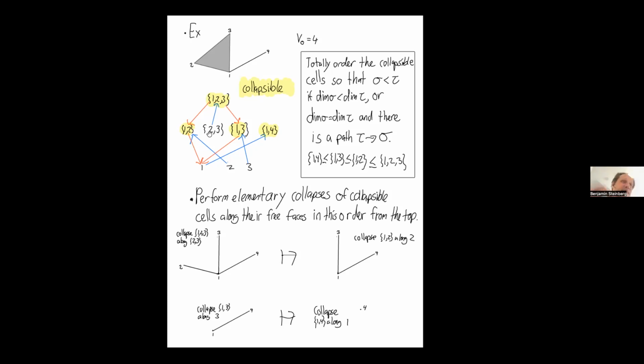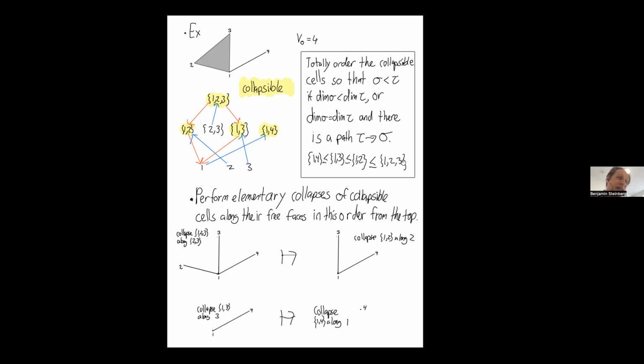And the fact that my graph is acyclic means that we can totally order things in this way. So you have a partial order, which orders lexicographically, first by dimension, and then by whether there's a path in this acyclic digraph, that you can then topologically sort to a total order. So that's the idea, okay?